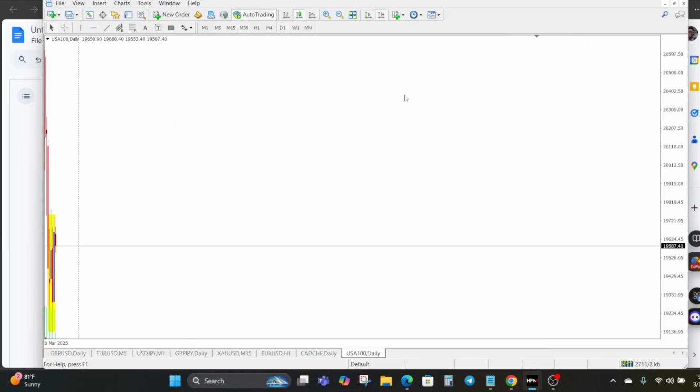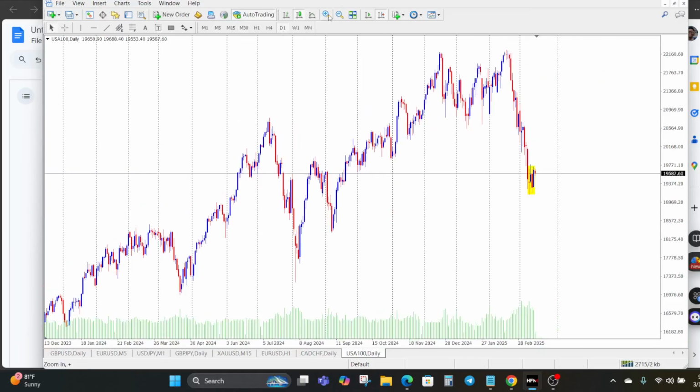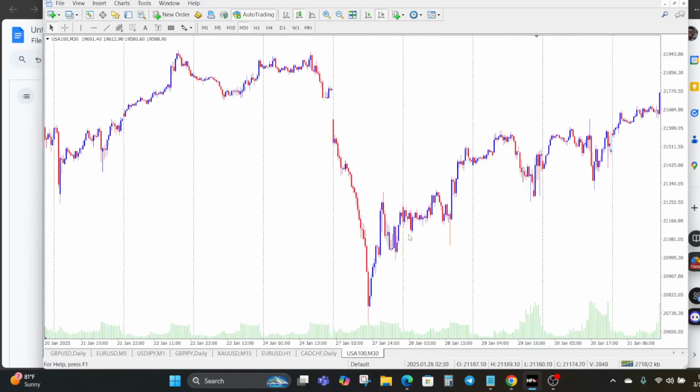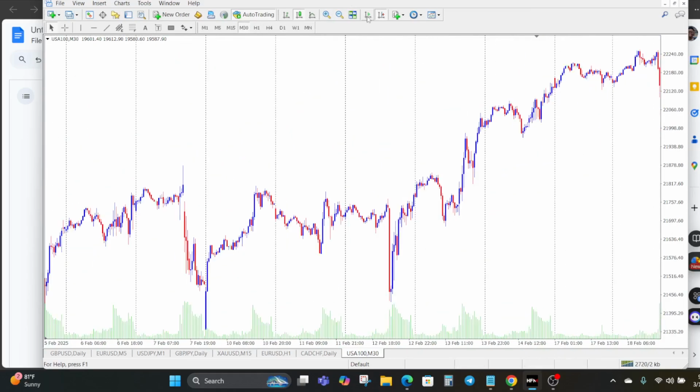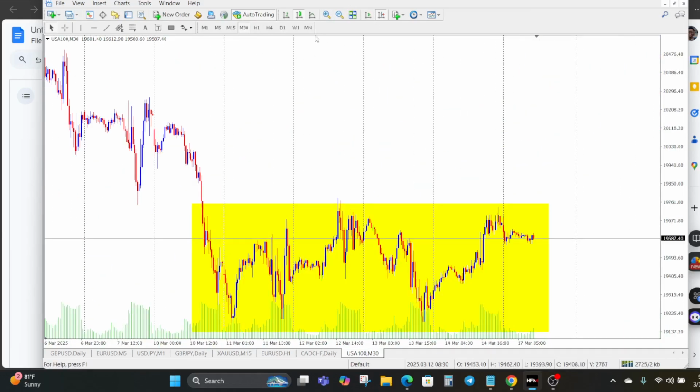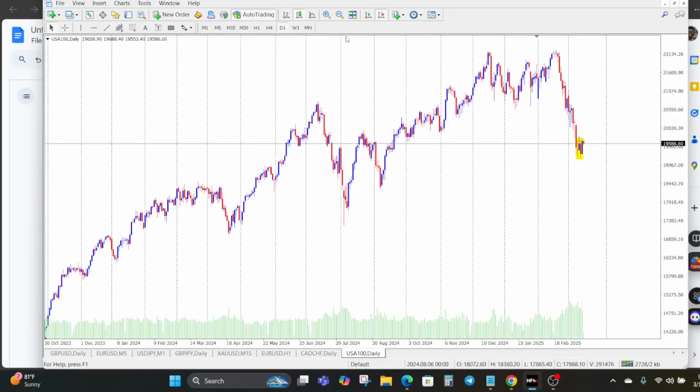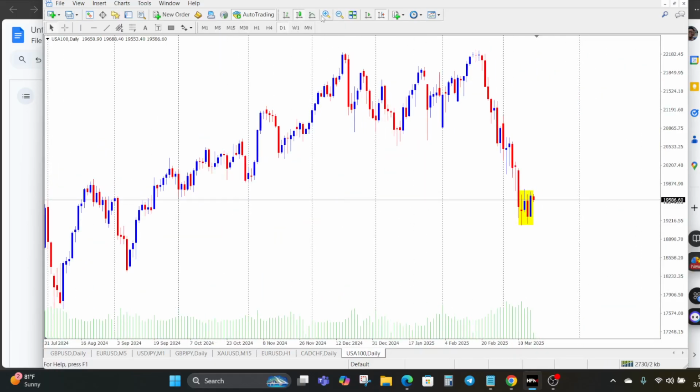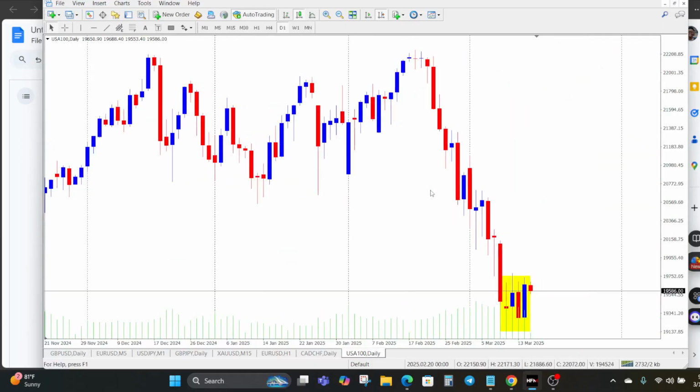Let us just go to a higher time frame. You can see that this range I identified was on the 30 minutes time frame, right? Let's go to the higher time frame, okay? Because the range could actually be between the previous day's high and low.